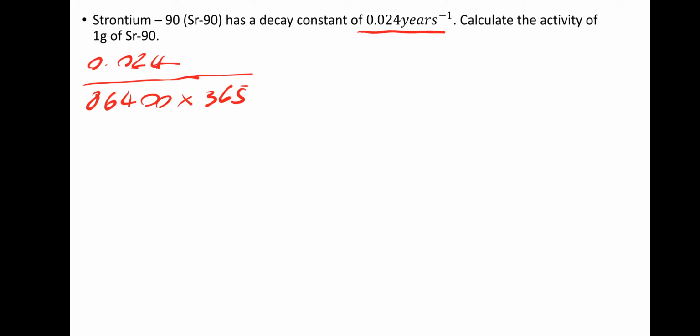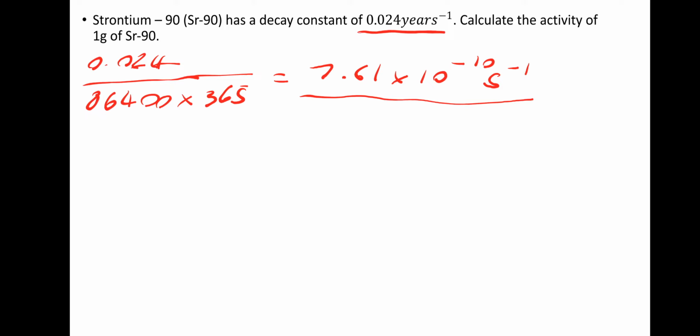You could put 365 and a quarter, that's completely fine. It won't change the answer too much anyway, but it gives you a decay constant of 7.61 times 10 to the minus 10 disintegrations per second.